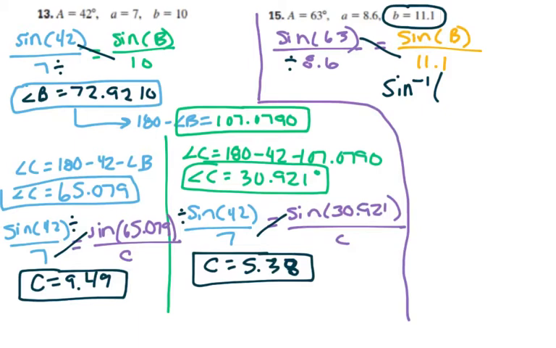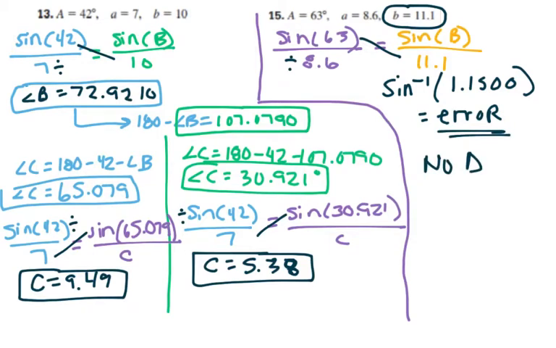We're doing a sine inverse of 1.1500, and that's going to be an error. Boo. So, no triangle possible. Basically, you can only ever take an inverse of a sine when it's less than or equal to 1. Otherwise, everything else will become an error. So, whoops.